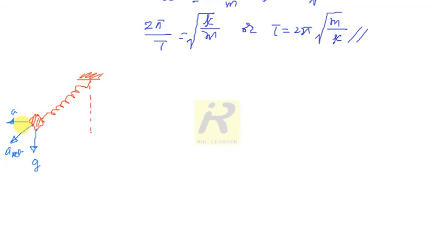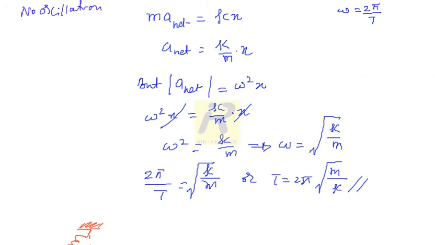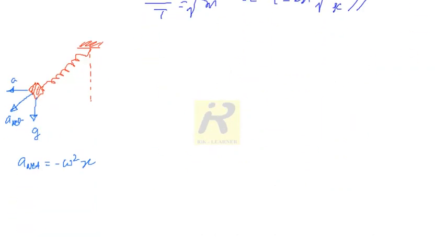This net acceleration is again equal to minus omega square x, as we did in the earlier situation. The same thing is true one more time here. So here will be the spring force.